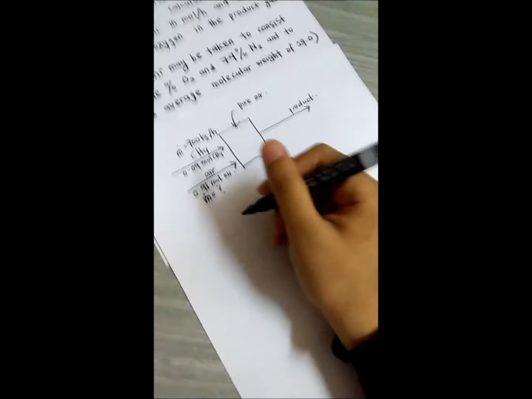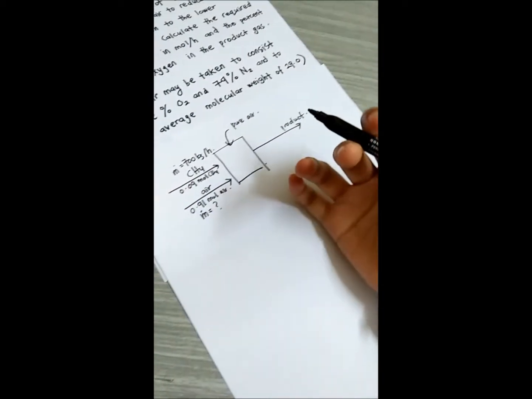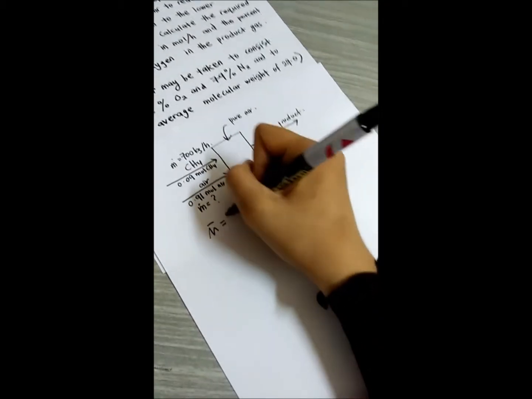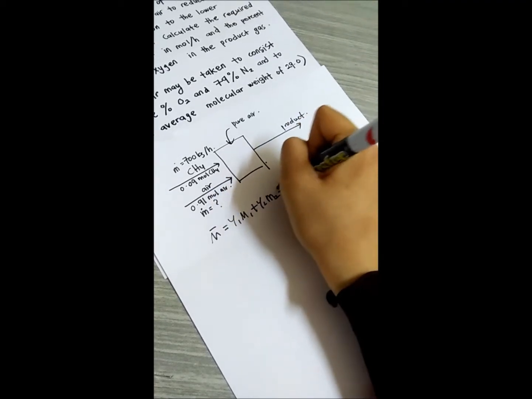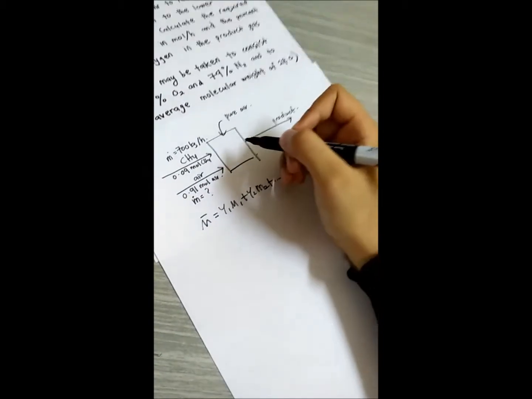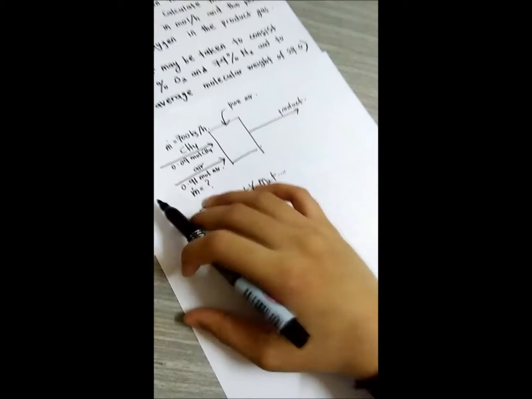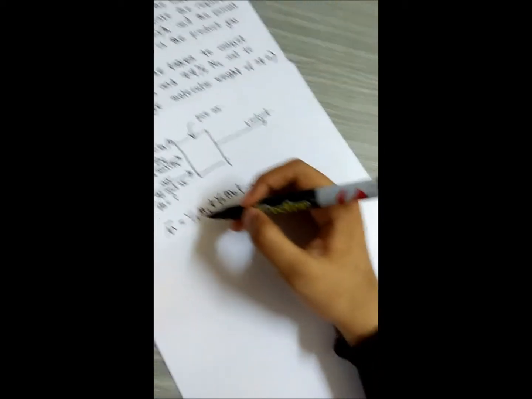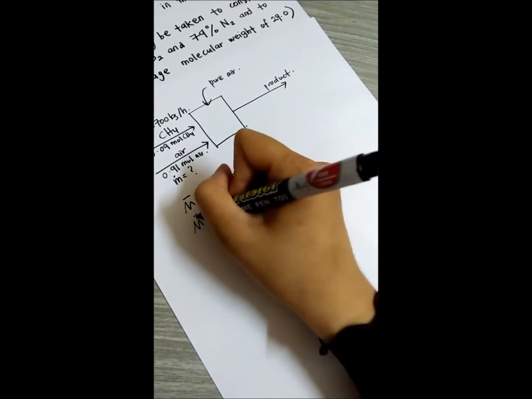Okay. So the first thing you need to do is calculate the average molecular weight of the mixture using this equation, which is the ratio of the mass of the sample of the mixture to the number of moles of all species in the sample, which in this case is methane and air.